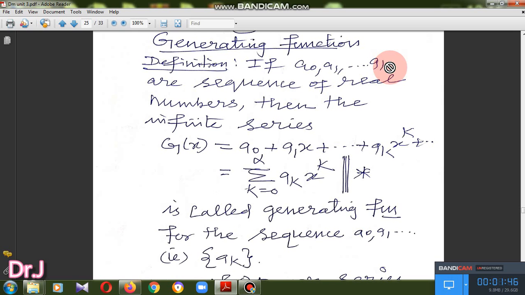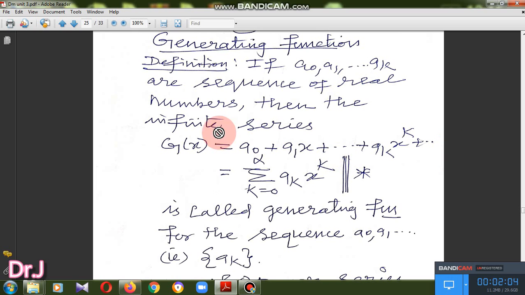a1, a2 are real numbers. The first number you are multiplying by x power 0 plus, the second number you are multiplying by x power 1 plus, the third number you are multiplying by x squared plus, like that it's going on.